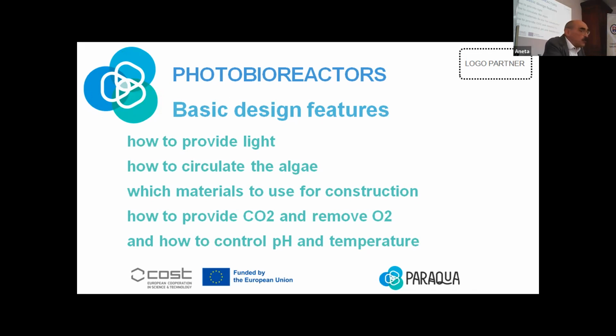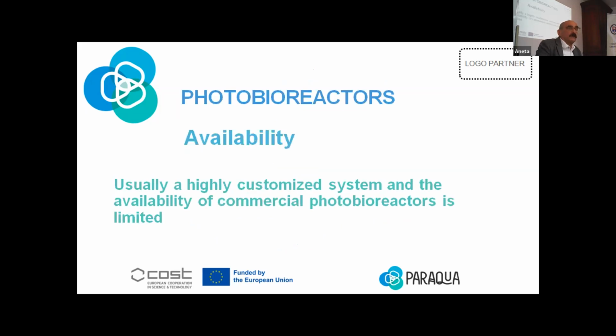Then how to provide and how to remove the CO2, or how to remove oxygen. And then of course how to control other relevant parameters like temperature and pH. And as I say, they're usually customized, and there is very limited availability on the market.